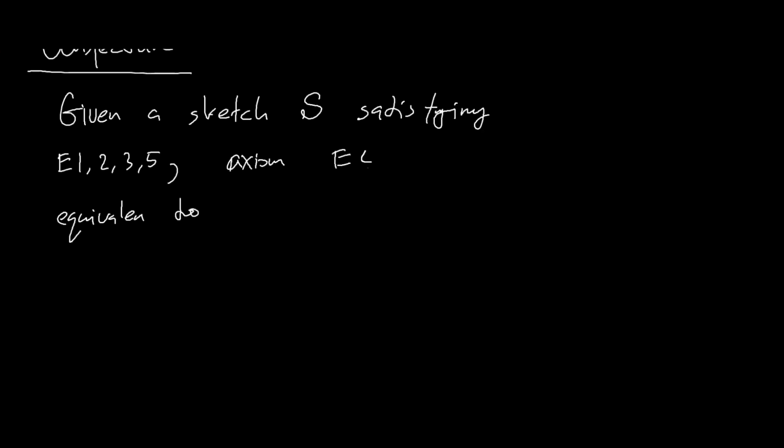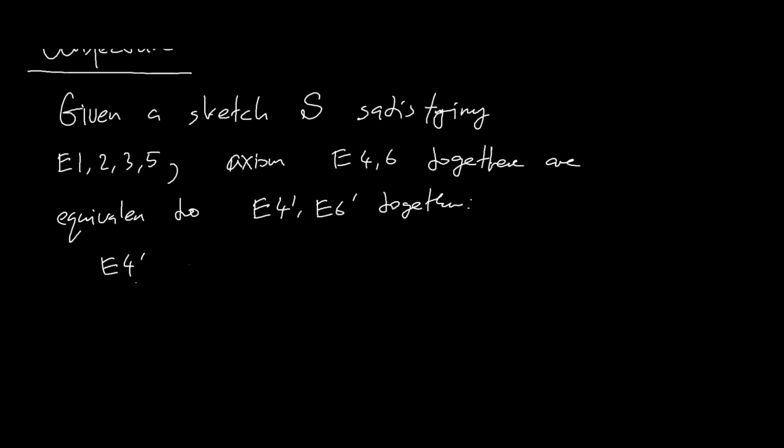Axioms E4, 6 together are equivalent to E4 prime and E6 prime together, where E4 prime says that if I have a path of just four morphisms, okay?